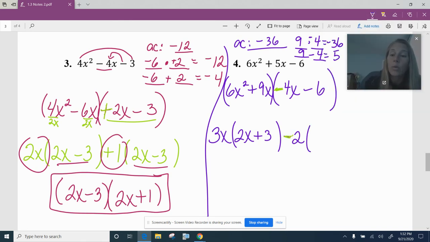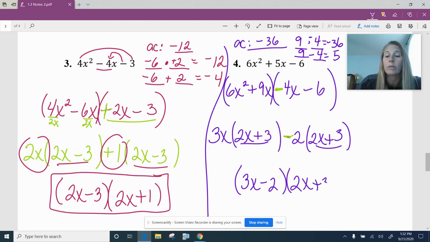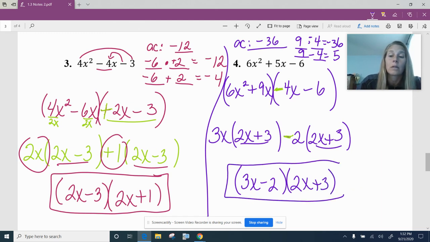So when I divide 4x by negative 2, I get positive 2x. Negative 6 divided by negative 2, I get positive 3, and that's fantastic because that's what we ended up in both parentheses. So my final answer is the two GCFs, which are 3x minus 2, and then 2x plus 3 is my second parenthesis.